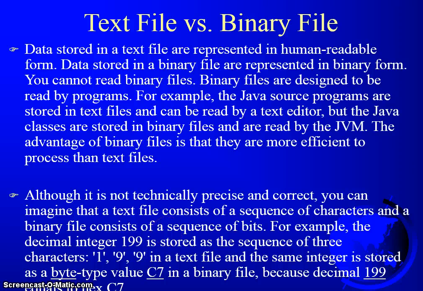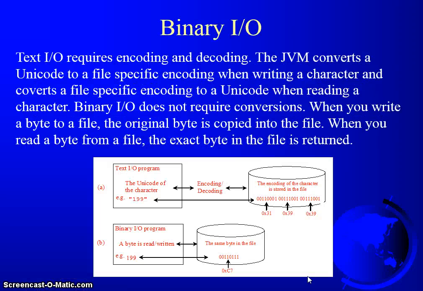For example, the decimal integer 199 is stored as a sequence of three characters, 199. But in the binary file, it's going to be different. It's going to be stored as the byte code C7, because decimal 199 equals hexadecimal C7. We don't need to cover how to convert decimal to hex; you can review that.